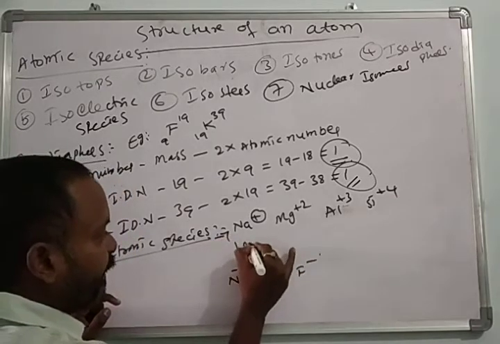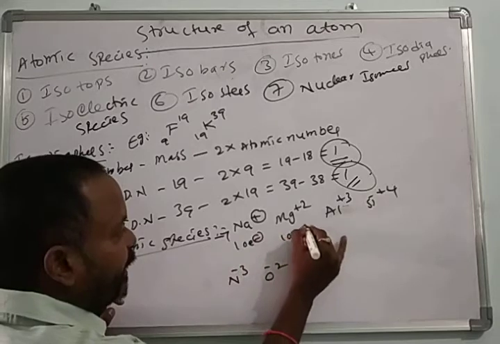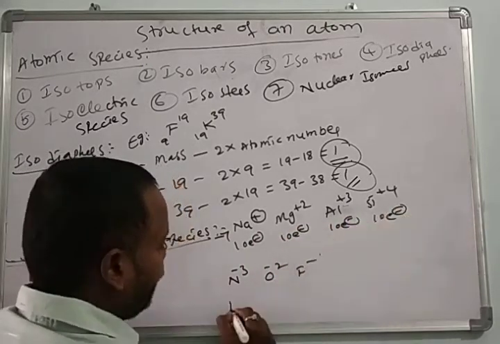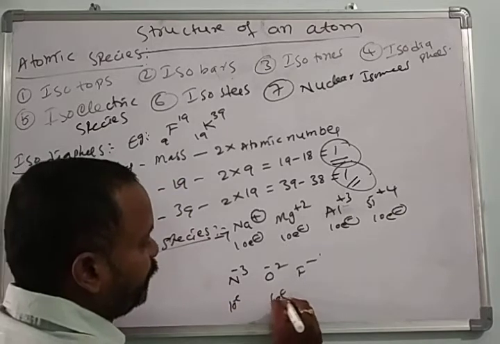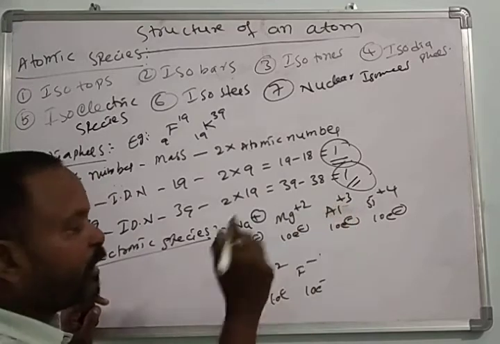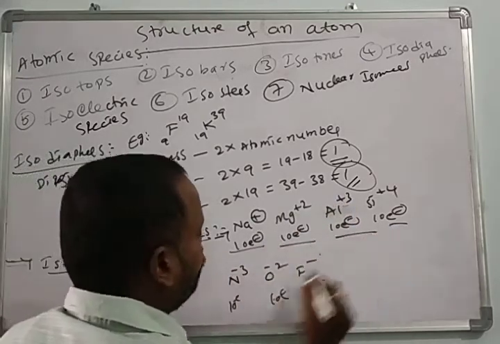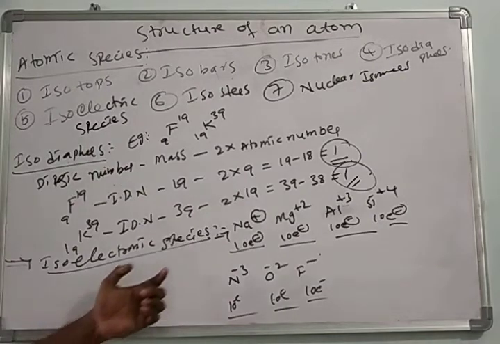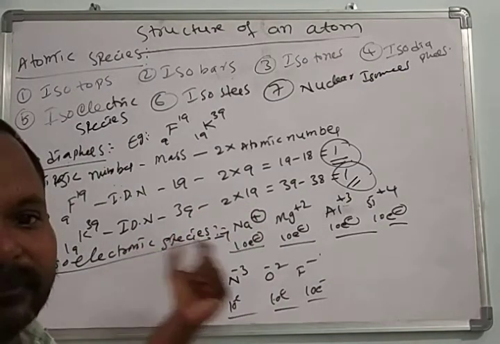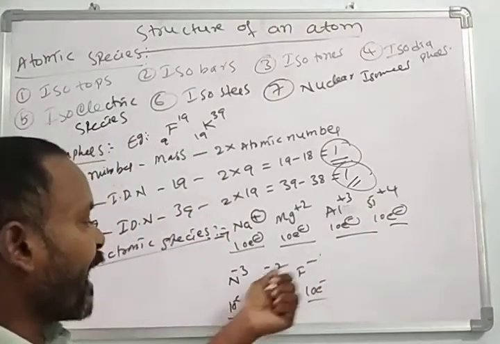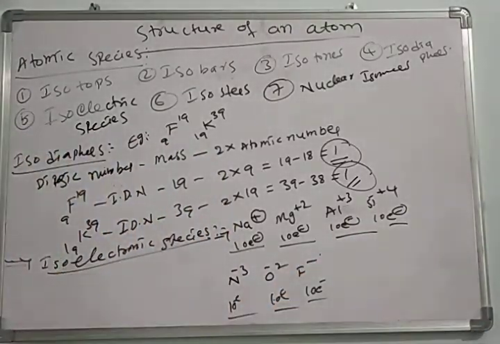Each has 10 electrons. All have only 10 electrons, so these are considered isoelectronic species. They are different elements with different atomic number and atomic mass, but the same number of electrons.